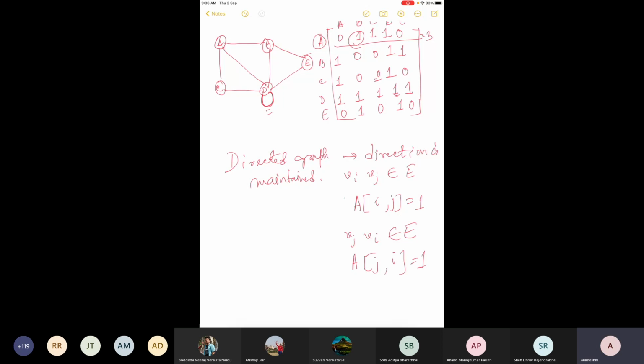Here these two become distinct. Is there anything different between this matrix and the matrix formed by the directed graph? The previous matrix is symmetric, and this one need not be symmetric.